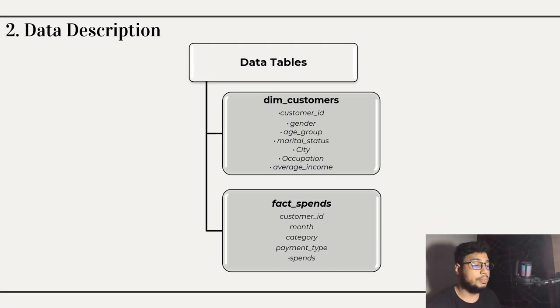We also have different month data, category of spending, like whether the spending happened for bills or groceries or other things, the payment type, like what type of payment was used to pay the bills, and spends, the amount of money paid.